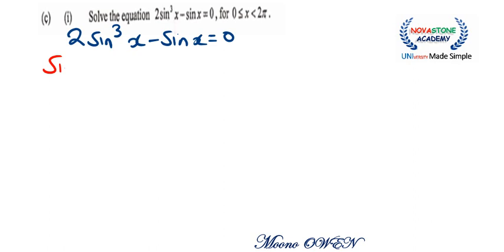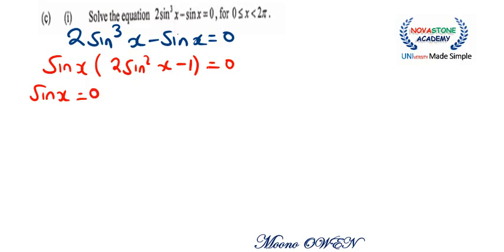So I'm going to have sine x outside, then on this side I'm going to remain with 2 sine squared x minus 1, equal to 0. Now that I've got this, what does this mean? I can separate the two equations. What this means is that sine x is equal to 0, then 2 sine squared x minus 1 is also equal to 0. So let me solve the 2 sine on the other side.